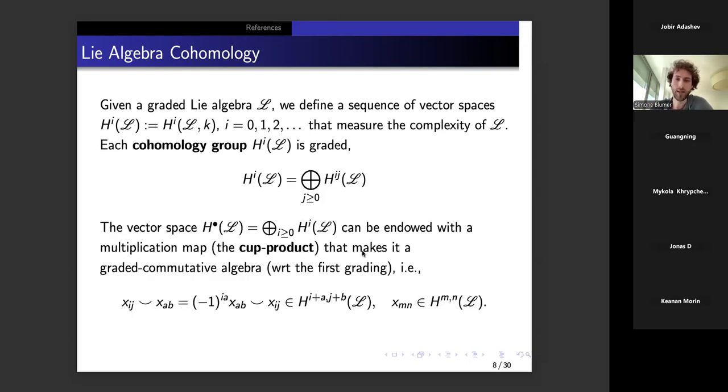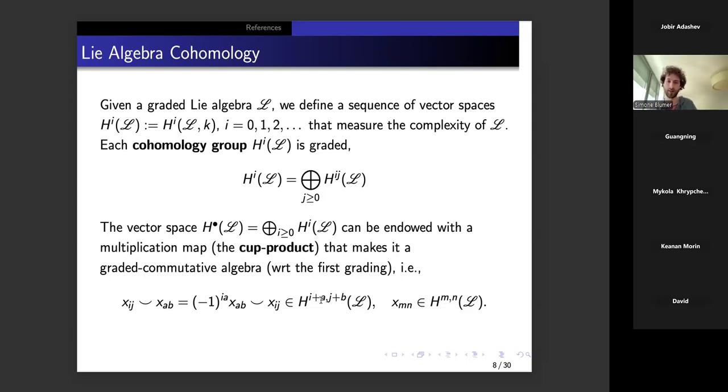As usual, one can endow the whole cohomology group, so the direct sum of all the cohomology groups, with a multiplication map called the cup product that makes the whole cohomology group into an algebra, a bigraded algebra indeed.